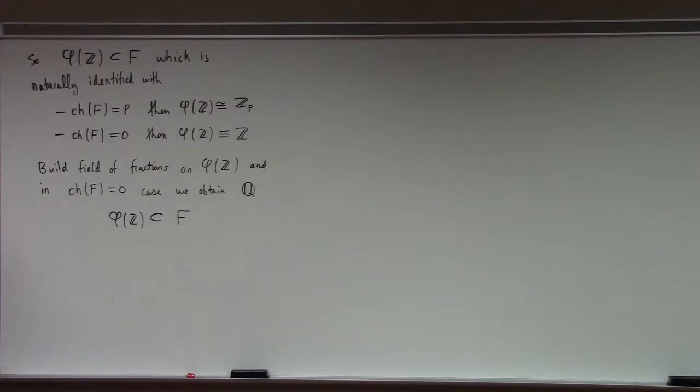F is a field by assumption, right? And so everything that's non-zero in phi of z has a multiplicative inverse, right? So that means that the field of fractions must correspond to things that are already in F. Okay, so either the field of fractions is z mod p, or the field of fractions is the rational numbers.